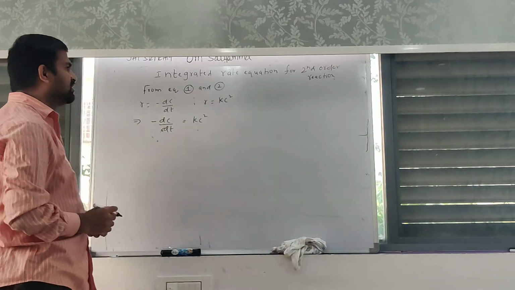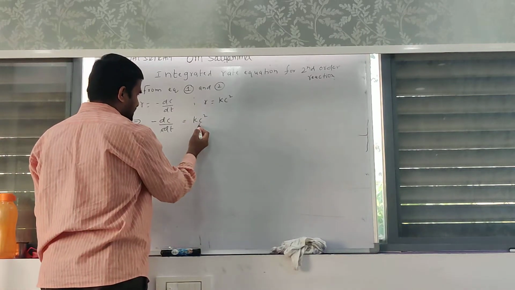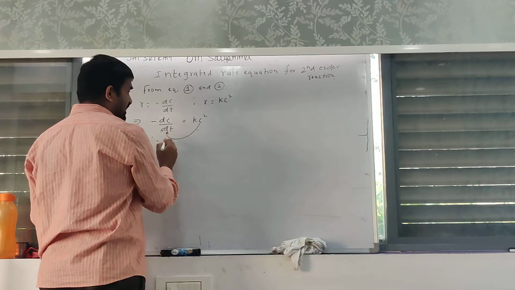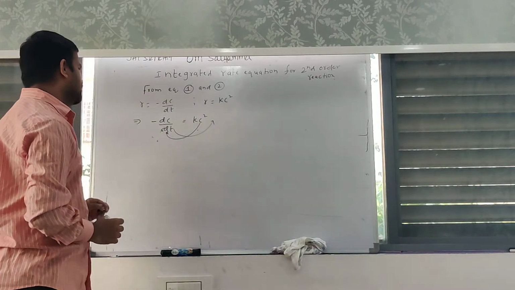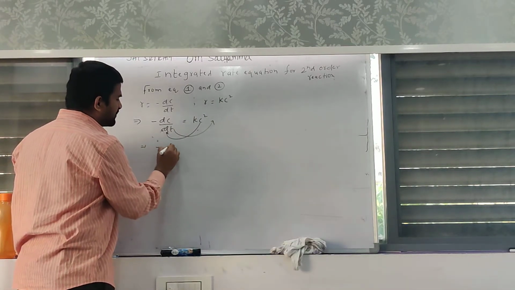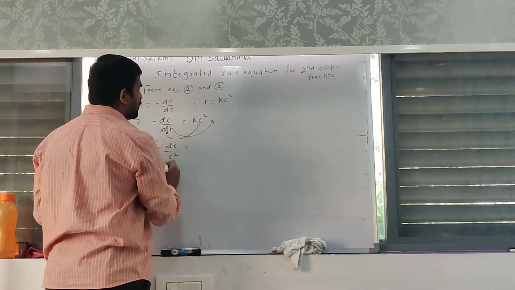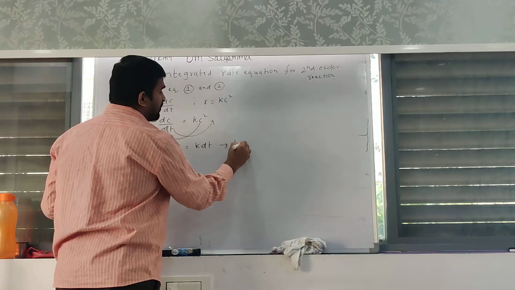I want the concentration terms on this side and the time term on this side. Finally you get the equation dc by c square is equal to k dt. This is equation 4.